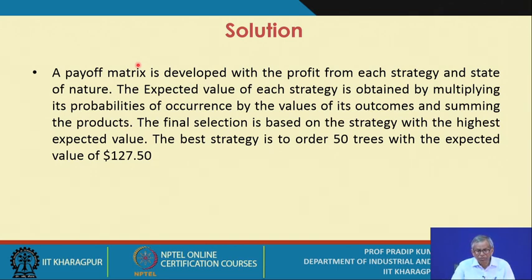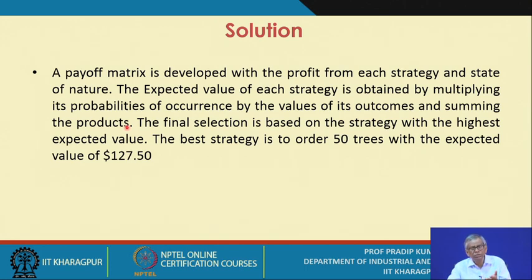The expected value of each strategy is obtained by multiplying its probabilities of occurrence by the values of its outcomes and summing the products. All the individual product terms you add. So, against a particular row you get the corresponding expected value.